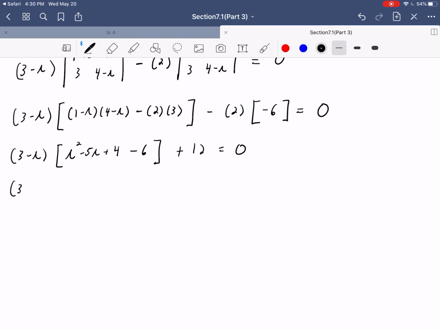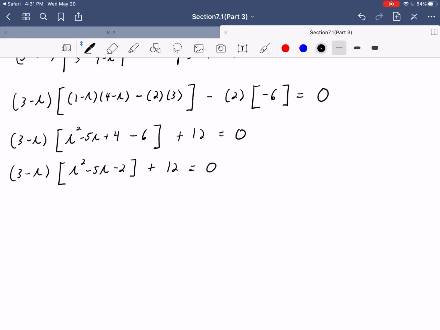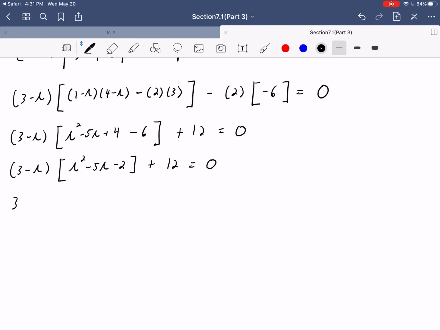And then it looks like we get 3 minus lambda times lambda squared minus 5 lambda minus 2, and then plus 12 equals 0. We'll have to directly FOIL this out, though. So 3 lambda squared minus 15 lambda minus 6, and then minus lambda cubed plus 5 lambda squared plus 2 lambda, plus 12 equals 0.